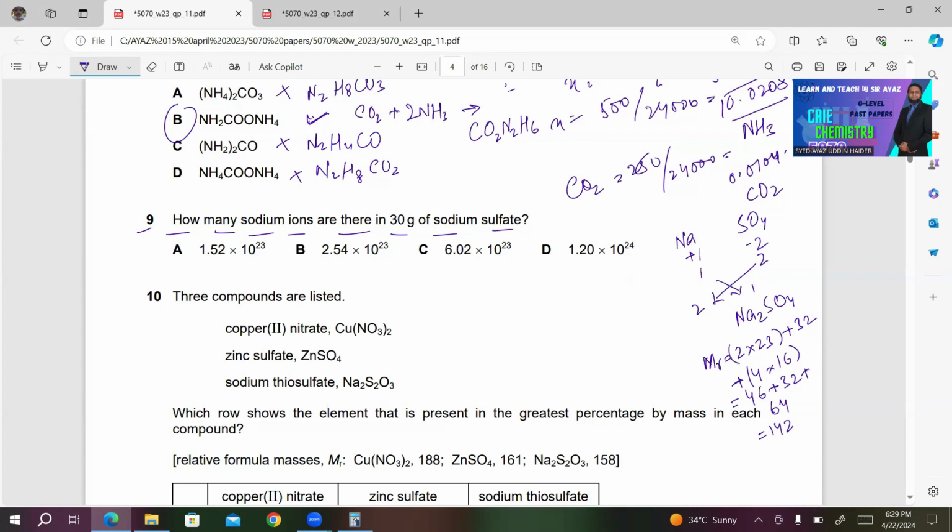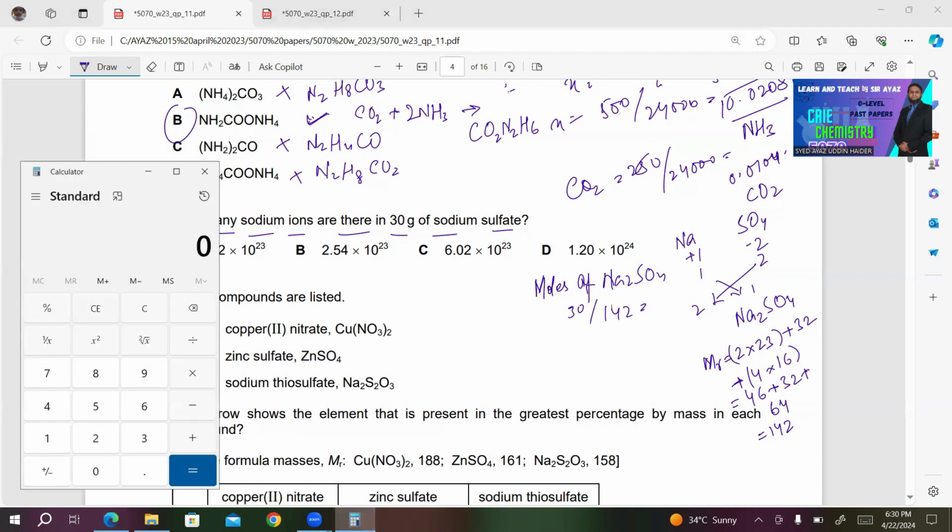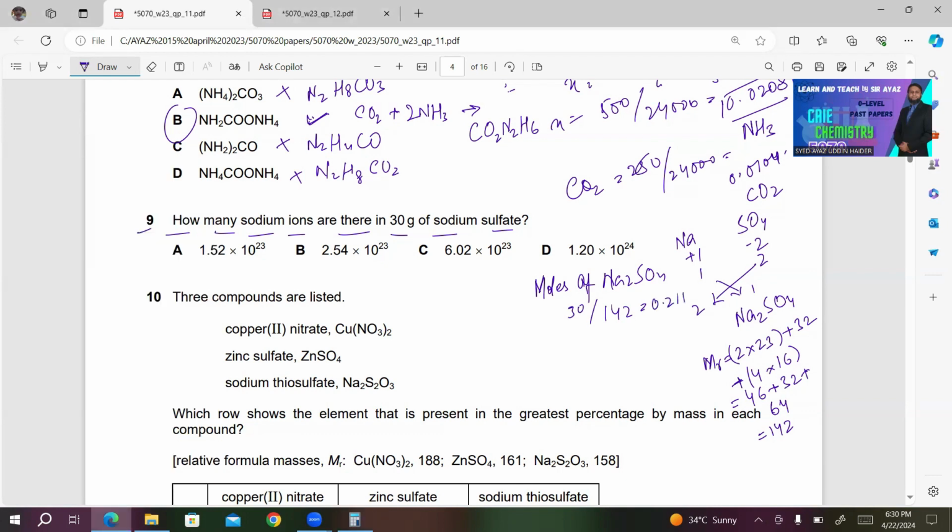So in order to calculate the moles of Na2SO4, we need to divide 30 gram by 142. 30 divided by 142 gives 0.211.